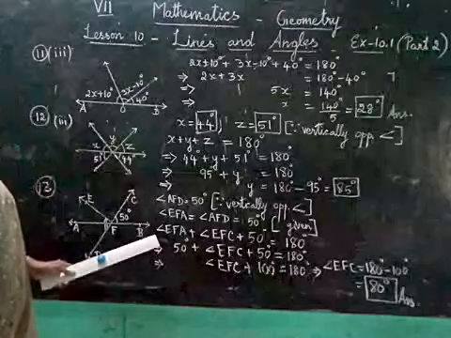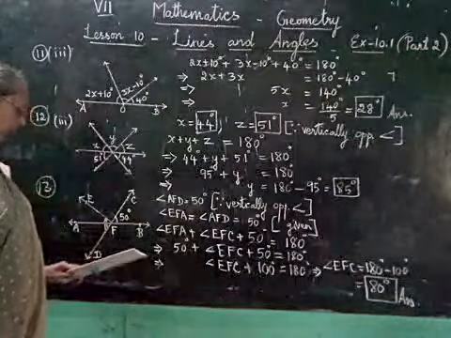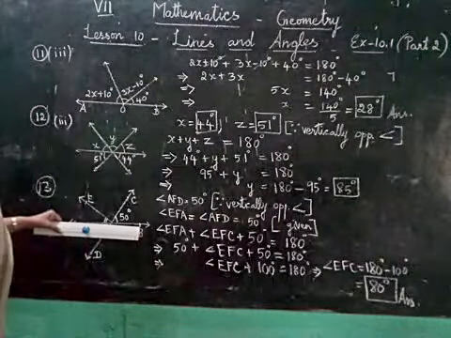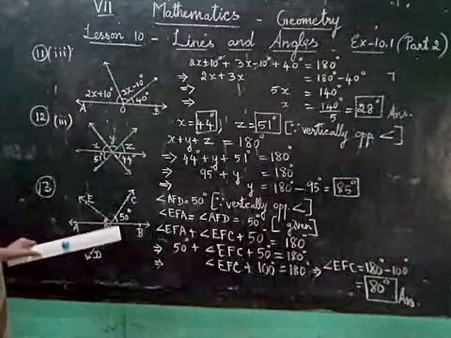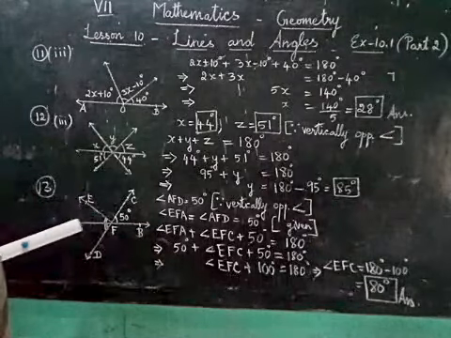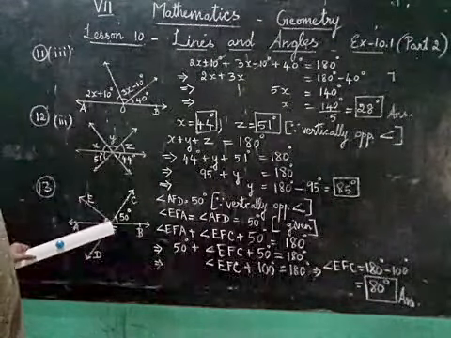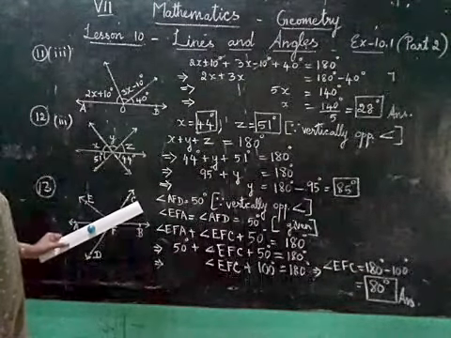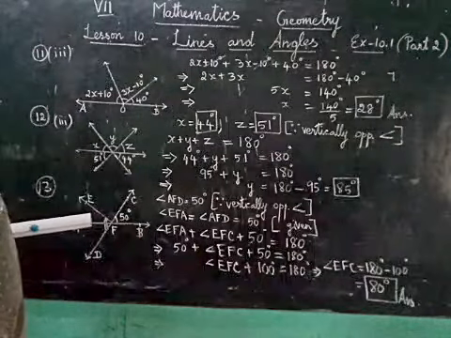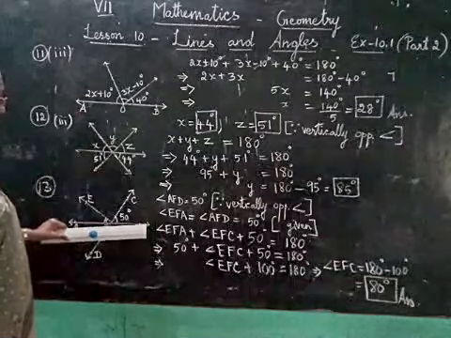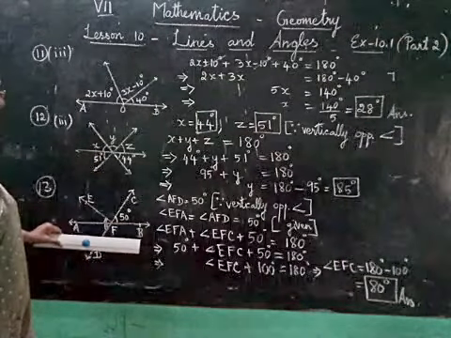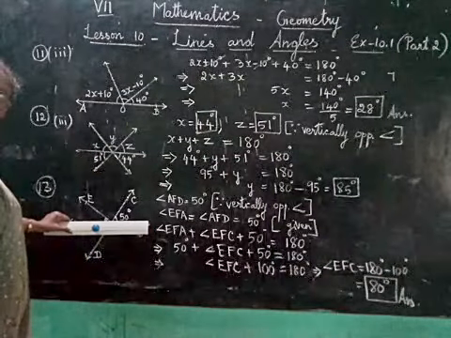Now, coming to the next information, these three angles, angle AFE or EFA, angle EFC and angle CFB, 1, 2 and 3, are lying on the same side of this line AB.